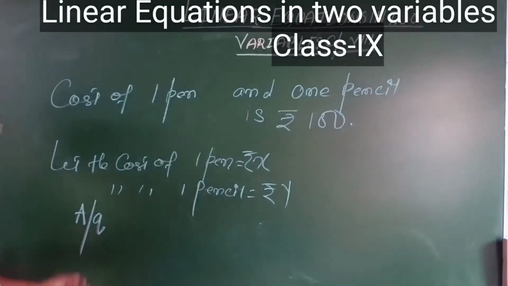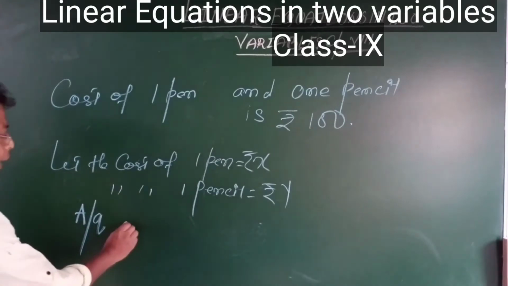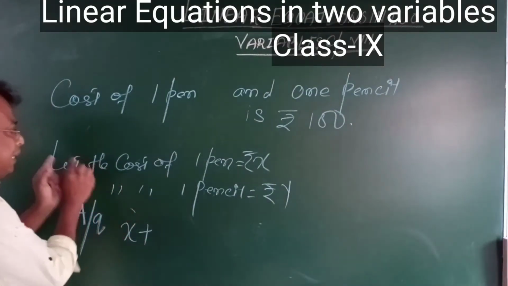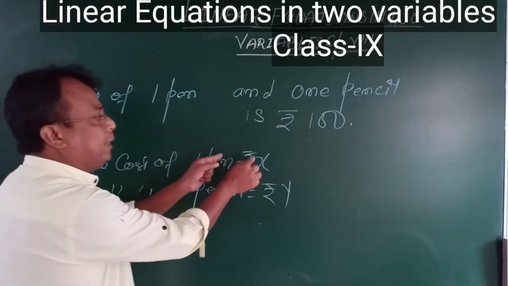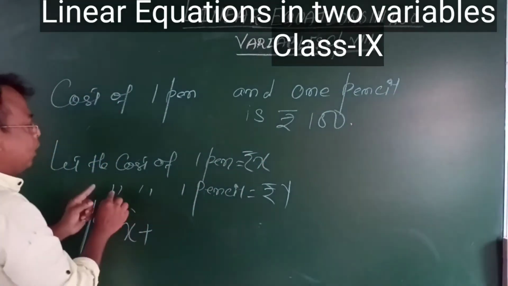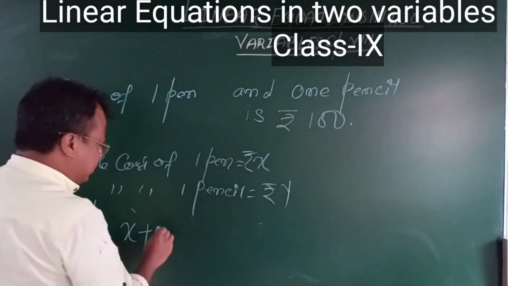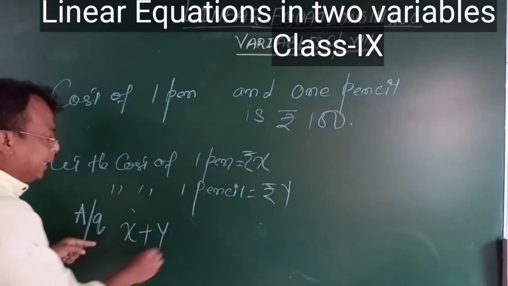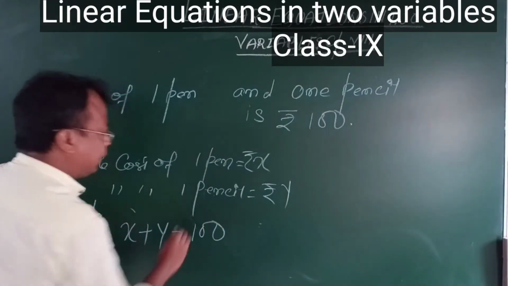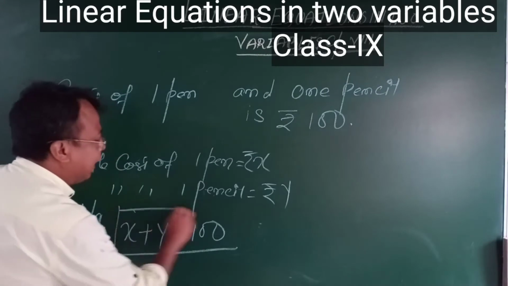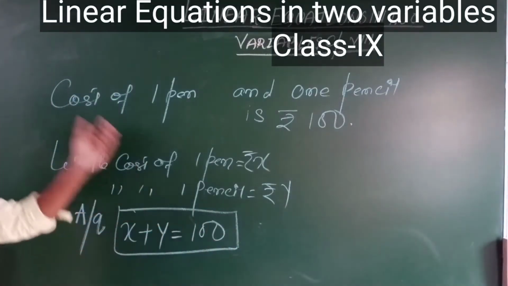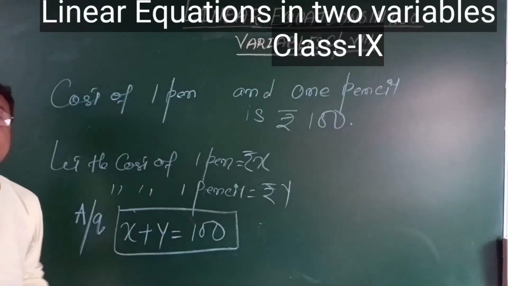So how will I write this as an equation? The cost of one pen is x, the cost of one pencil is y, so together it is rupees 100. You see what I got? I got one equation, x + y = 100.